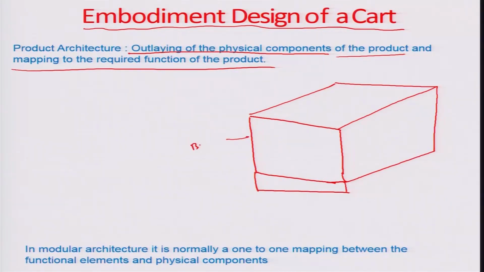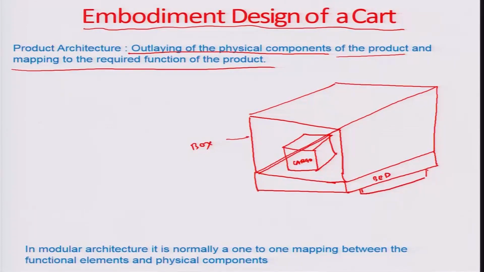So, this is the box part, and let us say this is the bed which supports the cargo. So, typically the cargo is placed somewhere in between here. Let us say this is actually the cargo.